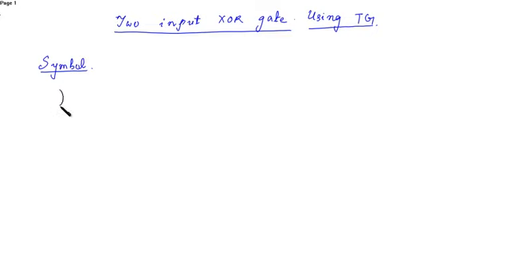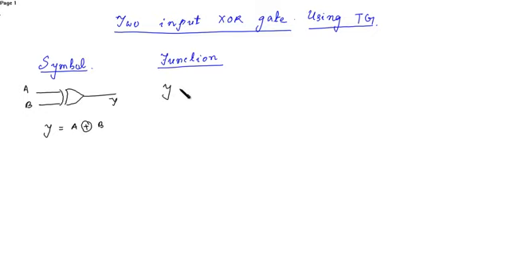The symbol of a XOR gate is this: this is A, this is B, and this is Y. So we write Y is equal to A XOR B. Now if you expand the function, the function of a XOR gate is written as Y is equal to A bar B plus A B bar.